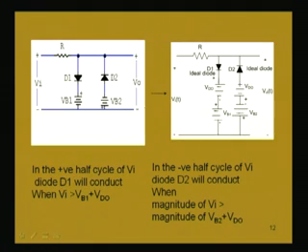So, this circuit we are drawing again by replacing the actual diode by its constant voltage drop model, that is shown here. So, this is diode D1 and this is diode D2.